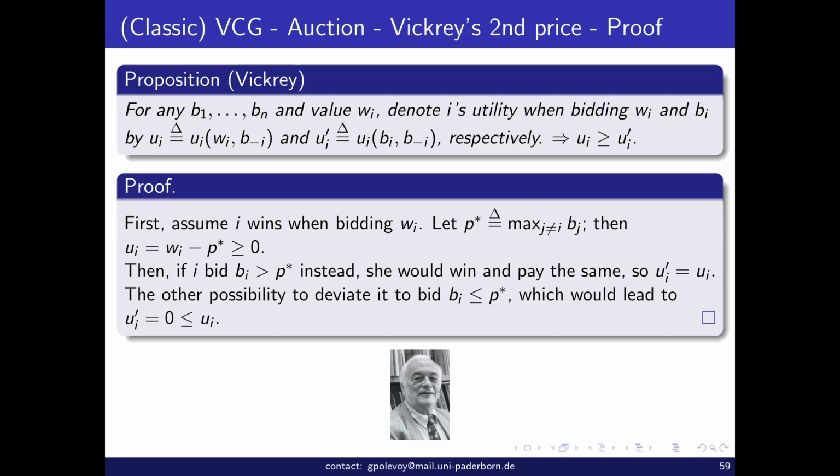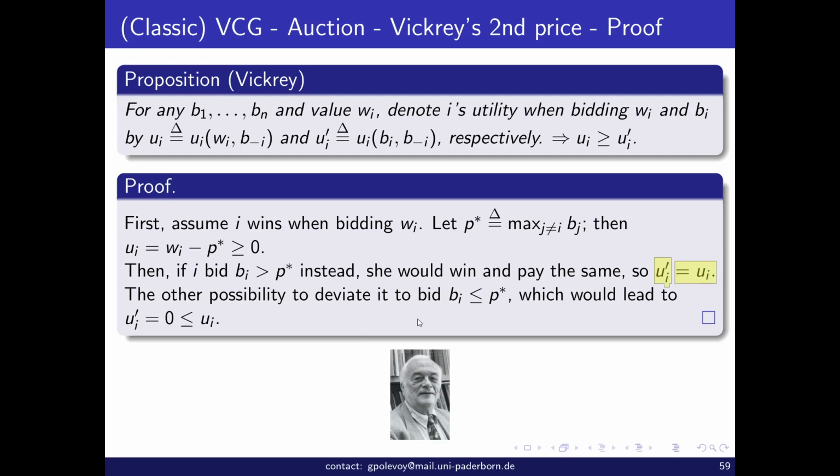Now, if I deviates and bids something else, which is greater than P*, she would still win and would pay the same because it doesn't depend on her bid. When she wins, she pays the second best price. So she would not change her eventual utility.